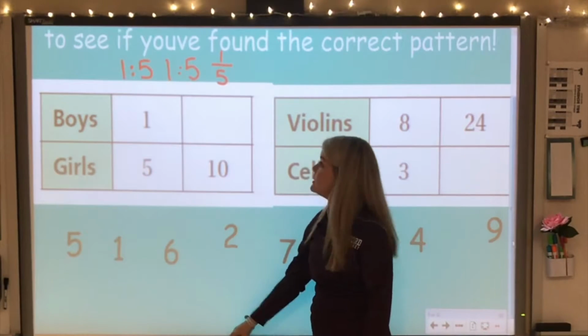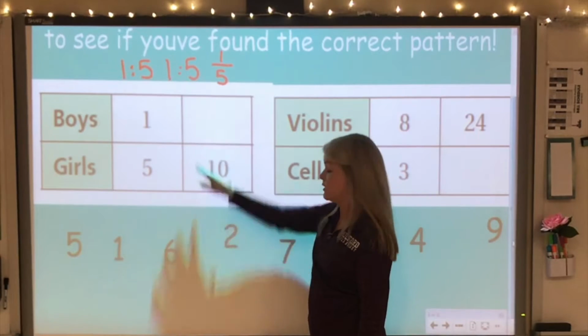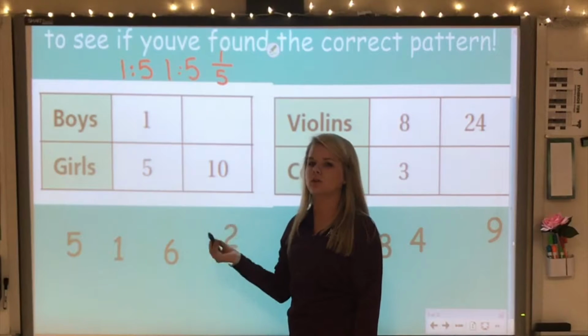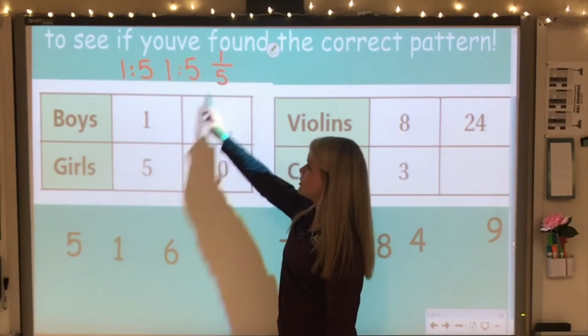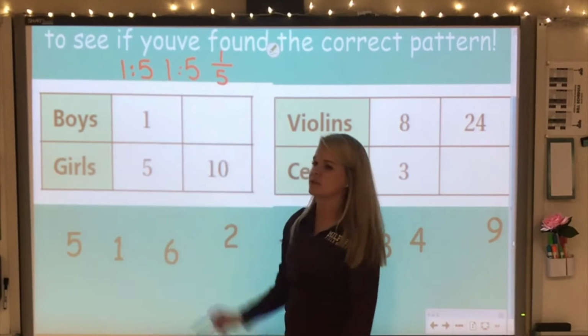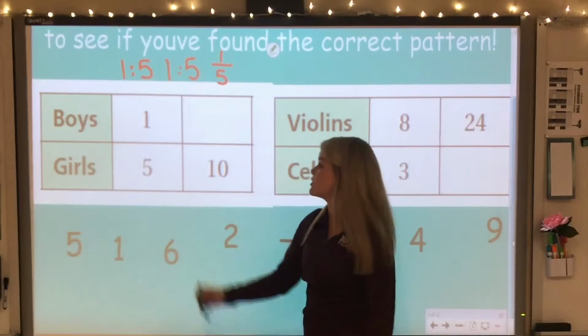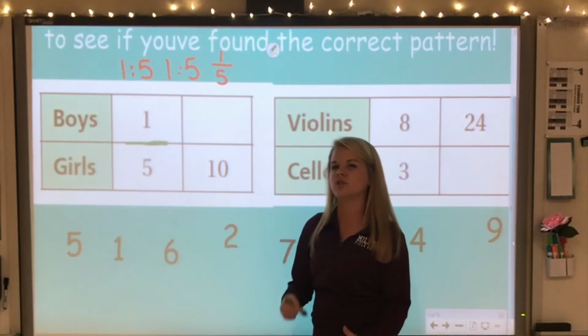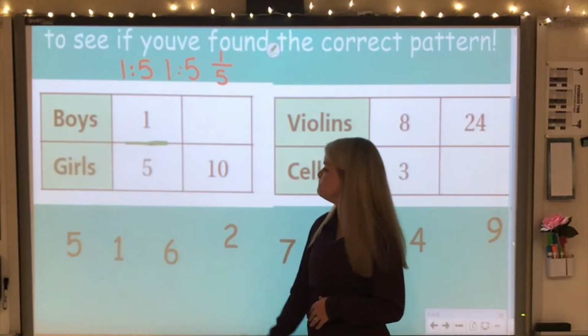To help us find the missing piece, notice there's a missing value right here, we need to look at multiplication within the table, just like finding an equivalent fraction. So I like to think of ratio tables as representing our ratio with a fraction. I even draw the little bar here to help me when I'm thinking about increasing and finding an equivalent ratio.